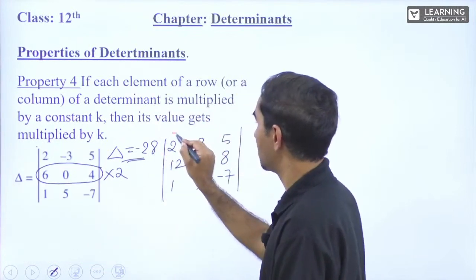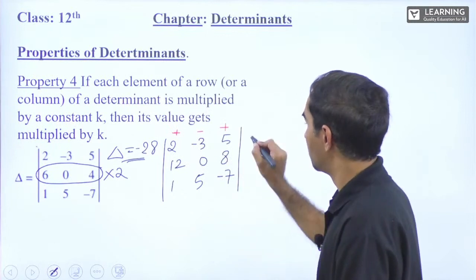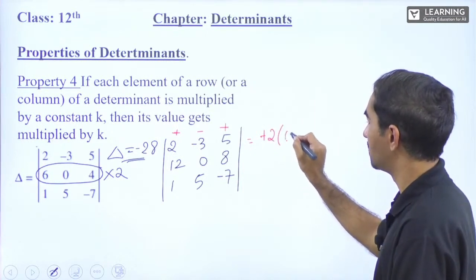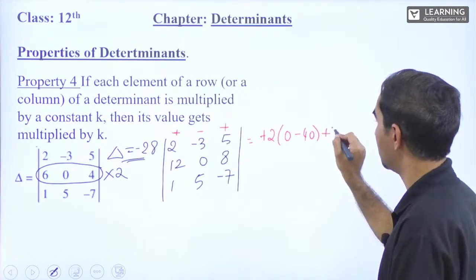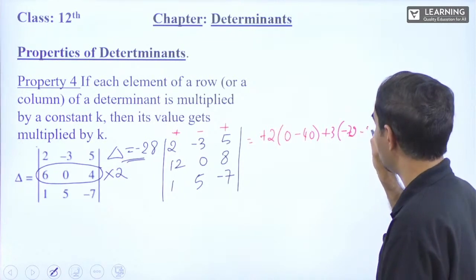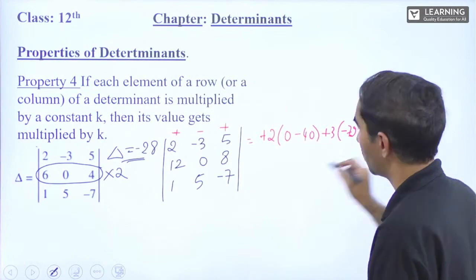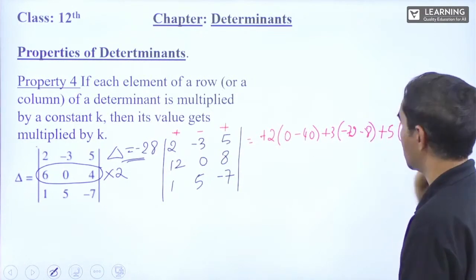So here we'll be getting plus, minus and plus, which is equal to plus 2 of 0 minus 40, plus 3 of minus 72 minus 8, and plus 5 of 60 minus 0.